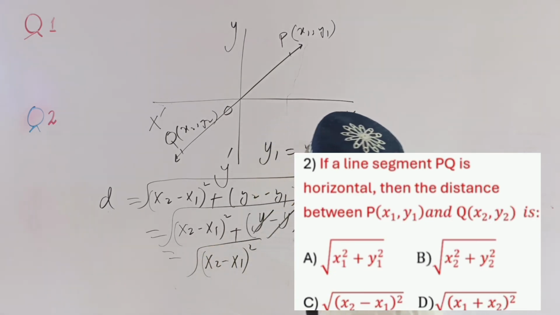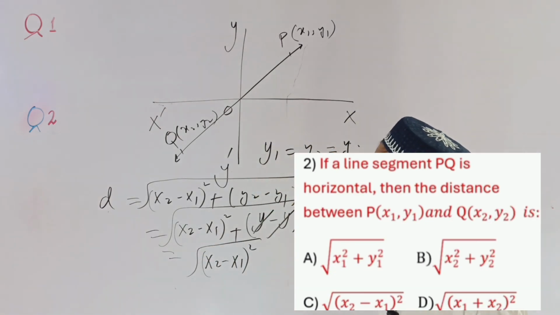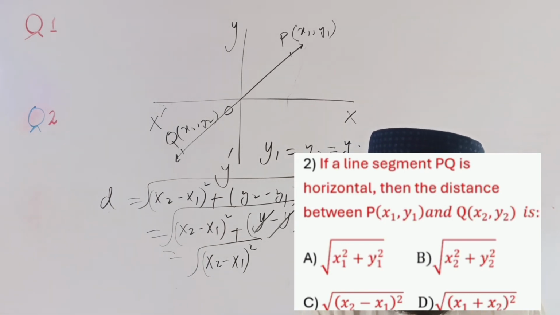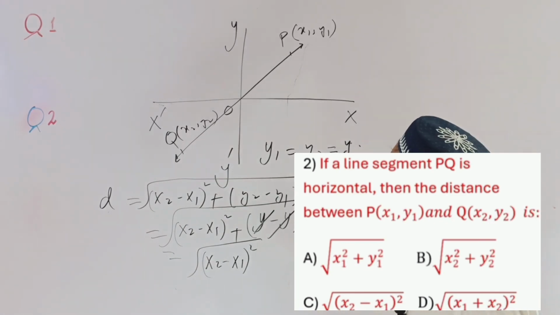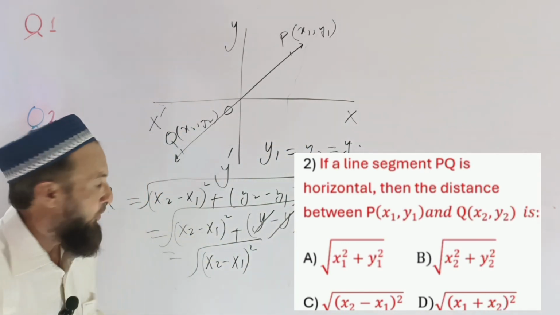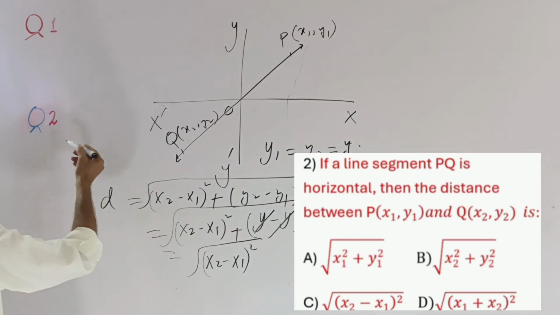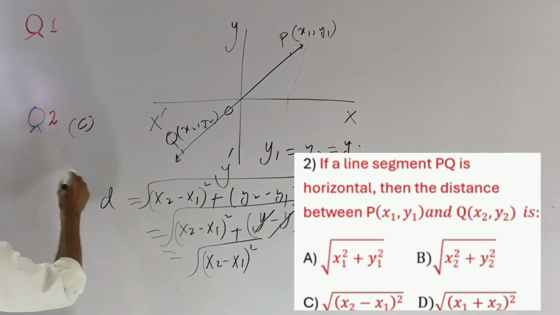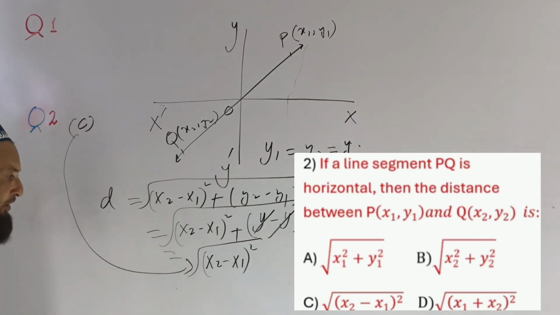So option C is the correct answer. According to the formula, option C is the correct option, because we get this value.